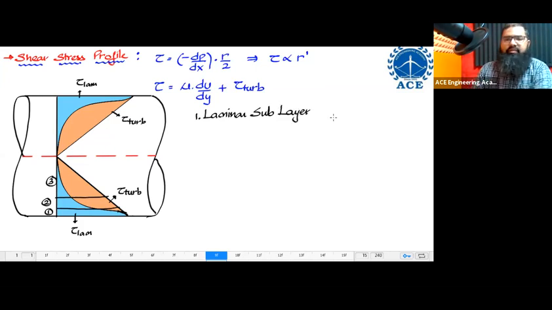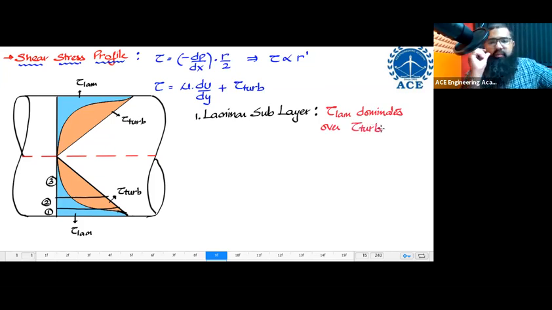In the laminar sublayer portion, laminar shear stress is going to dominate over turbulent shear stress. So I can say tau laminar dominates over tau turbulent.